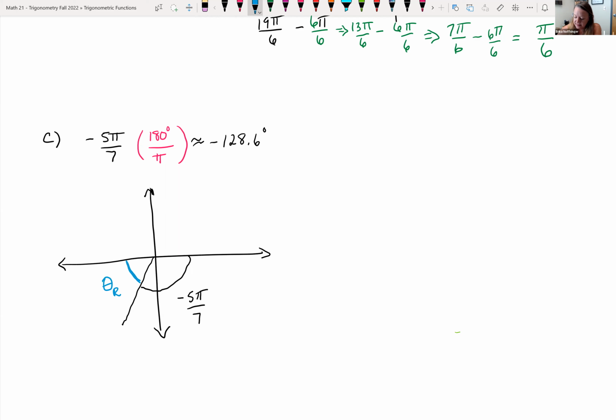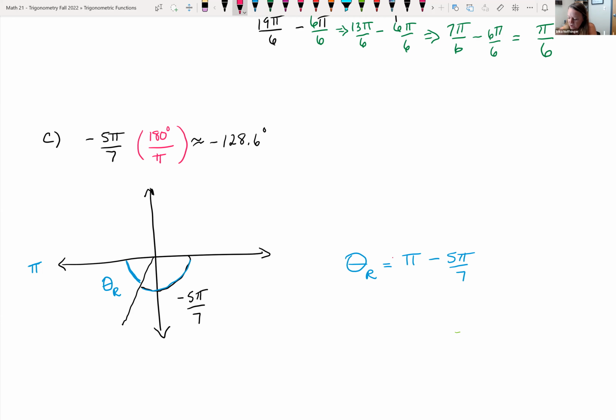And I know that this right here, let's just think about this for a second with positive angles. So this is pi minus this 5 pi over 7. We're getting a common denominator of 7.